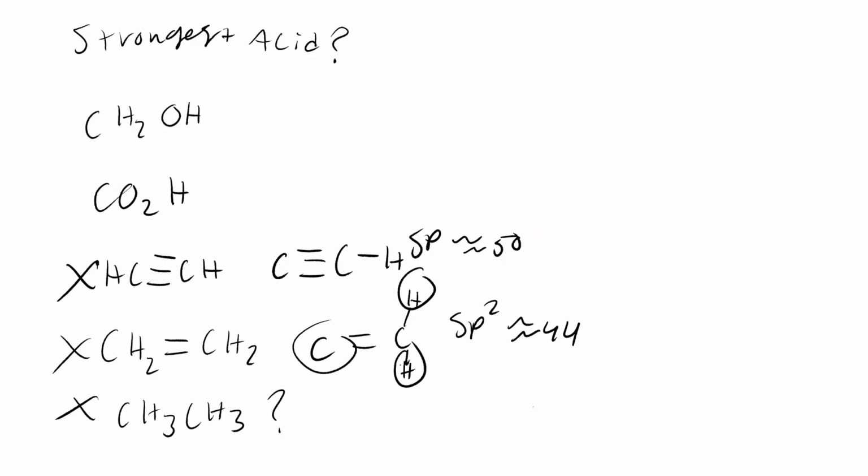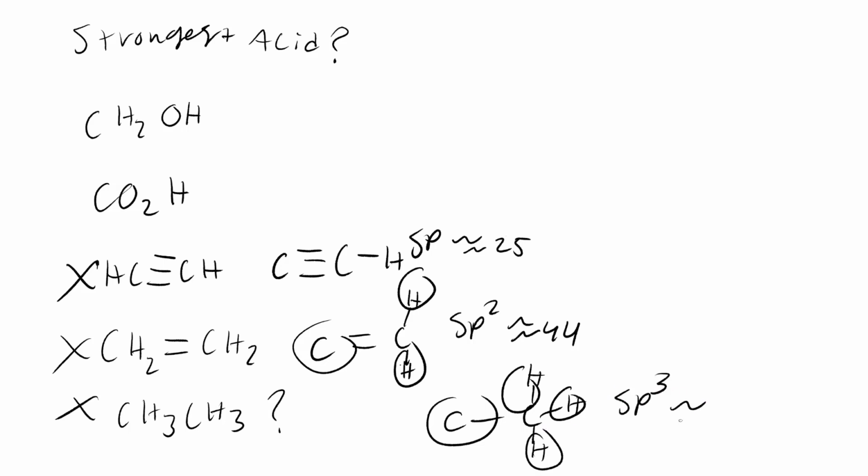Oh, I'm sorry. This is actually not 50. That's actually 25. I'm sorry. And the other one is going to be a carbon with carbons, right? So that's 1, 2, 3, and 4. sp3. It's like the worst one. That's 50.